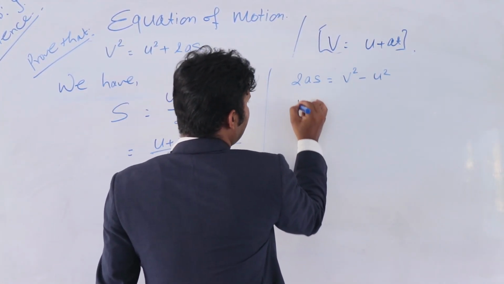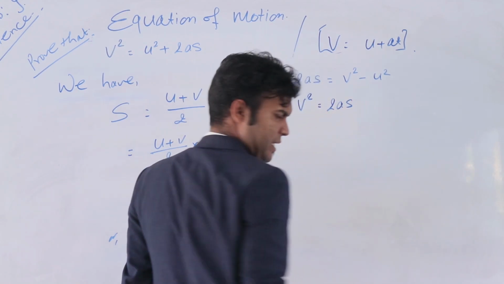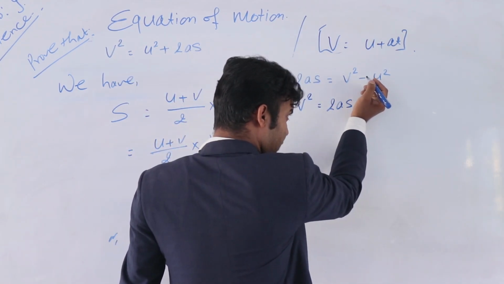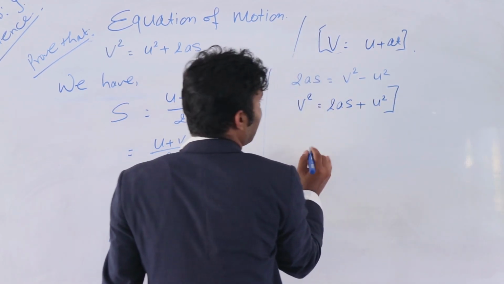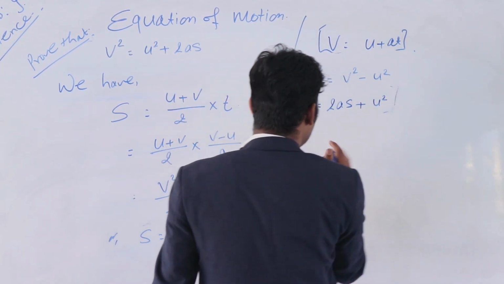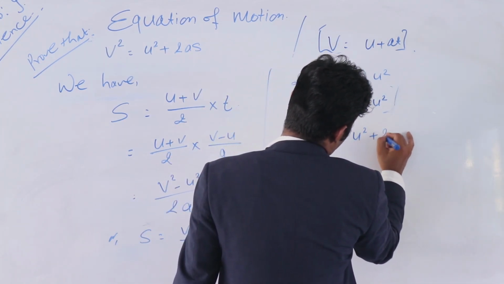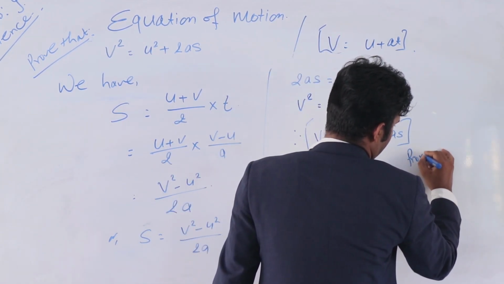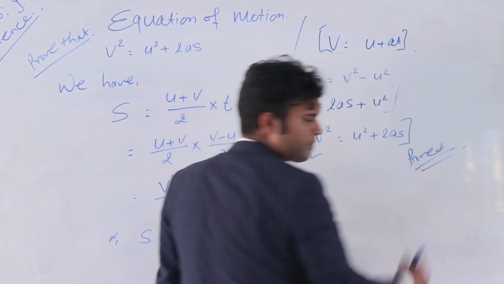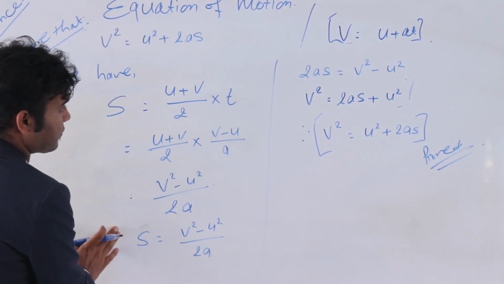Now, v square is equal to 2as as it is, this is minus here and plus u square. Therefore, v square is equal to u square plus 2as. Proved. Isn't it? You understood? Okay.